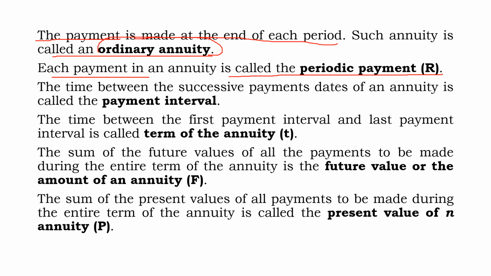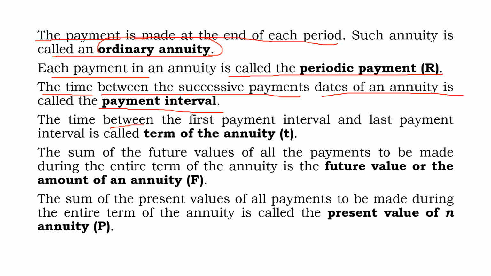So each payment in an annuity is called a periodic payment. The time between the successive payment dates of an annuity is called the payment interval. So whatever the time between the successive payments or terms, that will be your payment interval.